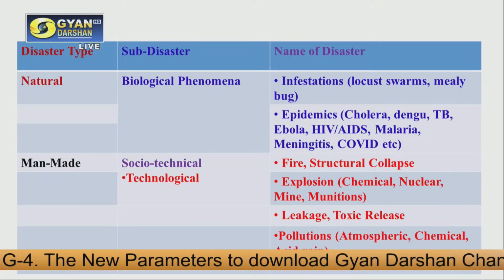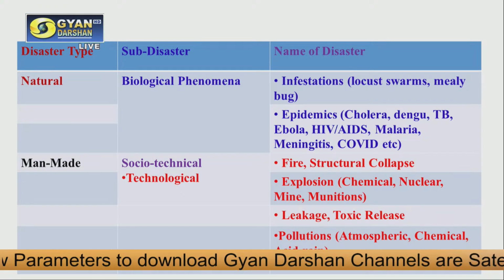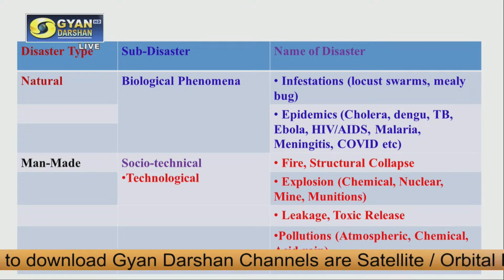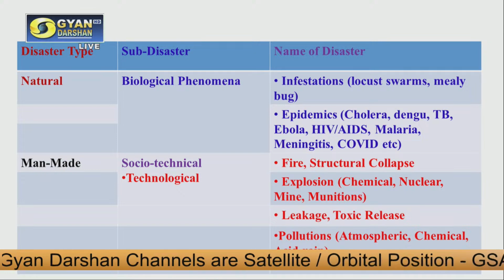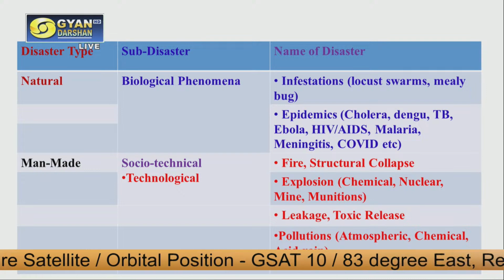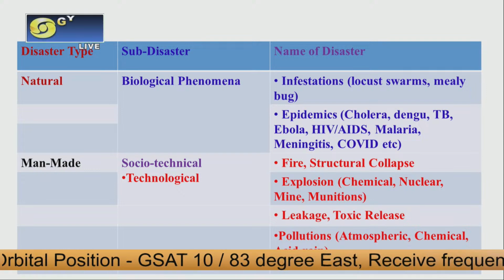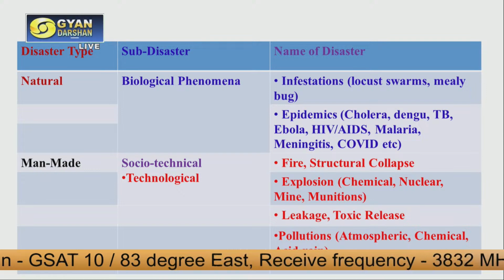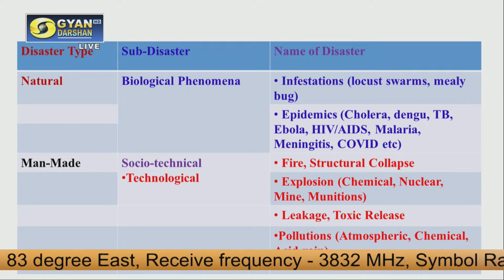Then there may be leakage or release of some toxic materials, because in industry we are using several toxic materials for manufacturing different things, whether it is chemical fertilizer, pesticides, or different types of polymers.